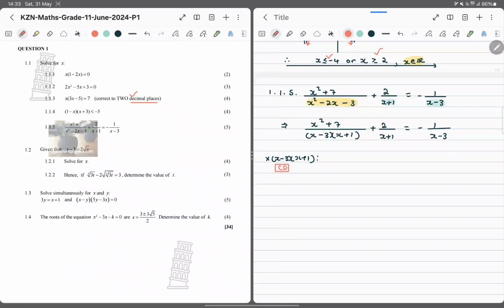Avoid that word LCD. It doesn't make any sense after all. So when we do this, we get x squared plus 7 plus 2 into x minus 3 is equal to minus 1 into x plus 1.